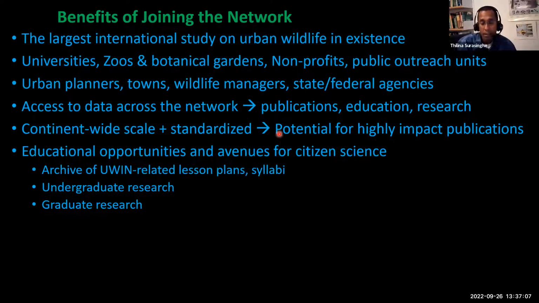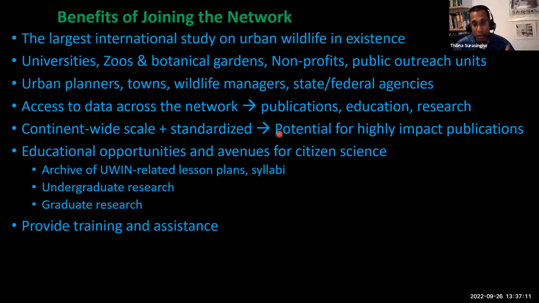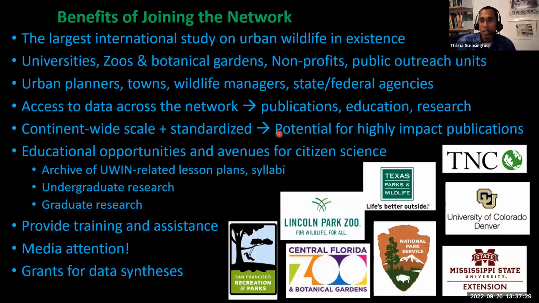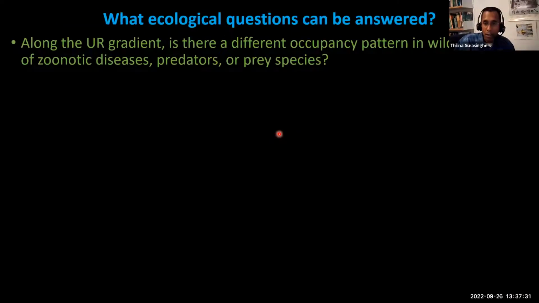I'm actively using this for both graduate and undergraduate research, and that's why we're doing this presentation to the class. This kind of work is cool and catchy, so you get a lot of attention when you get connected to it. And the ecological questions you can answer are very plentiful, right?